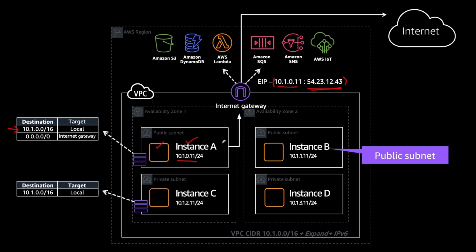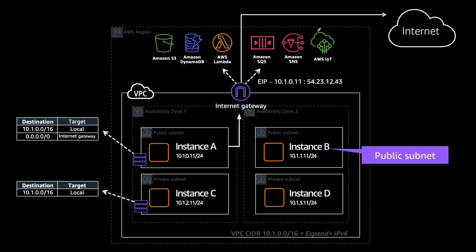Everything is taken care of by the internet gateway. The mapping between the private and the public IP address, or elastic IP, as you can see here, is done by the internet gateway. So this is how an instance in a public subnet can get access to the internet and to all the AWS public-facing services.